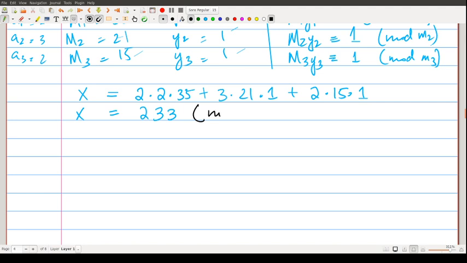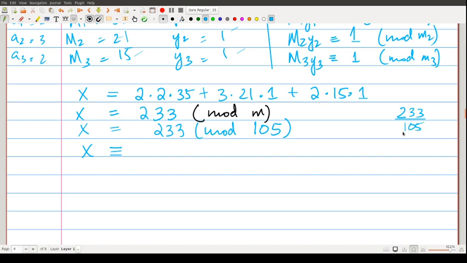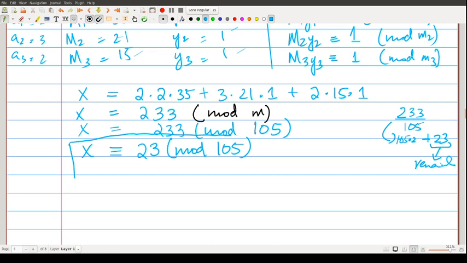The solution is unique in modulo small m, and this small m is the multiplication of all of these small m's, so this is mod 105. When I divide 233 by 105, I get 105 times 2, which is 210, plus a remainder of 23. So my solution is 23 mod 105.